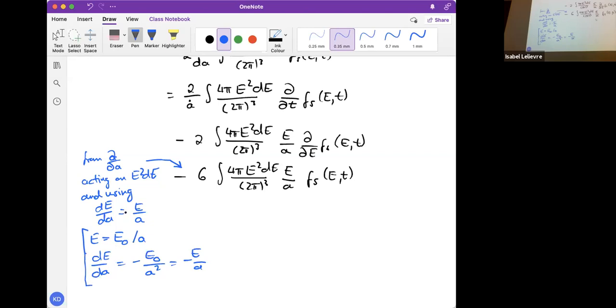So here this should be dE over da is minus E over a. We're using the fact that the energy scales with the inverse scale factor. That's just a statement of redshift. When we take the derivative with respect to a, we just get minus E over a. So this is where the minus sign in the second and third term comes from.